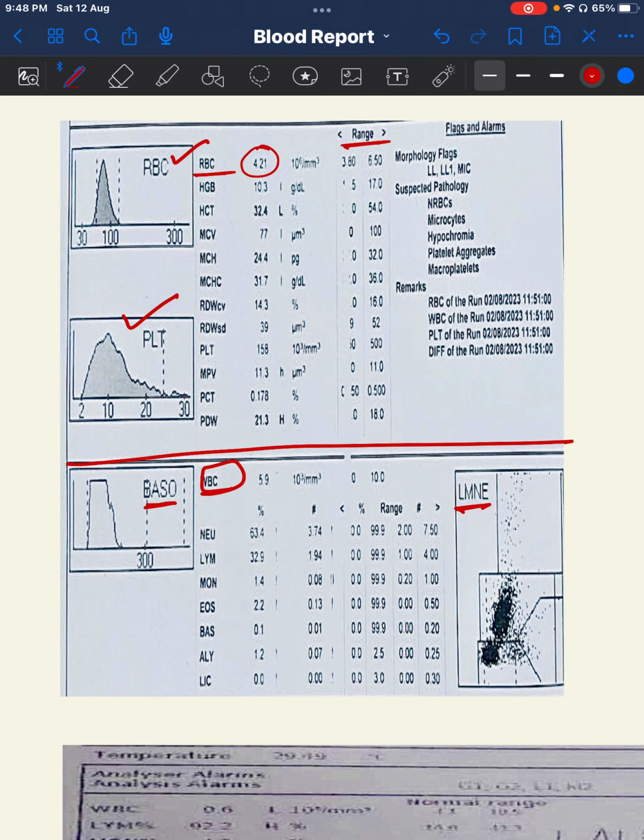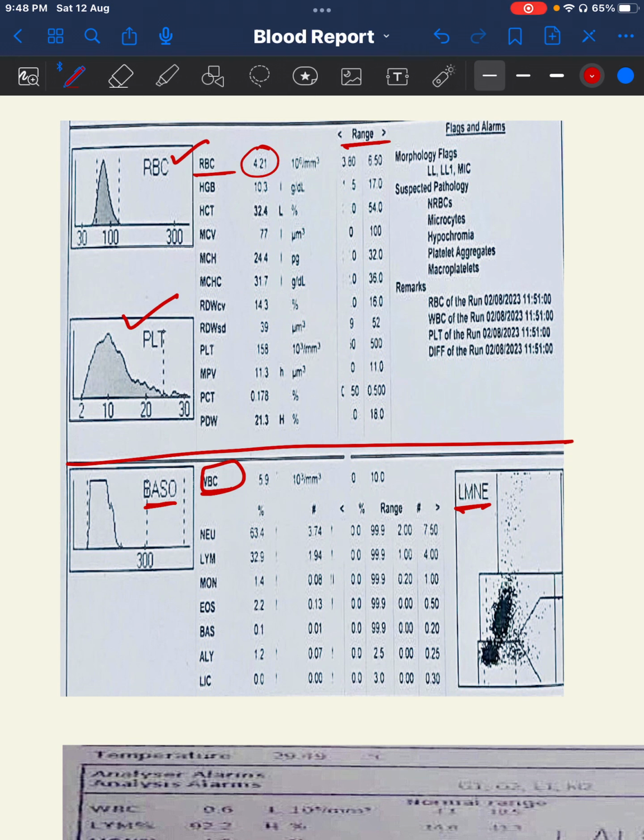So you should always confirm with the reference ranges for that particular lab because it depends upon the locality and the ethnic groups also. So these ranges are actually modified depending upon your population. So sometimes a hemoglobin of 13 gram per deciliter is the cutoff for one population, and maybe 11.5 gram per deciliter will be the cutoff for another population. So it varies. That is why these normal ranges vary according to the lab.